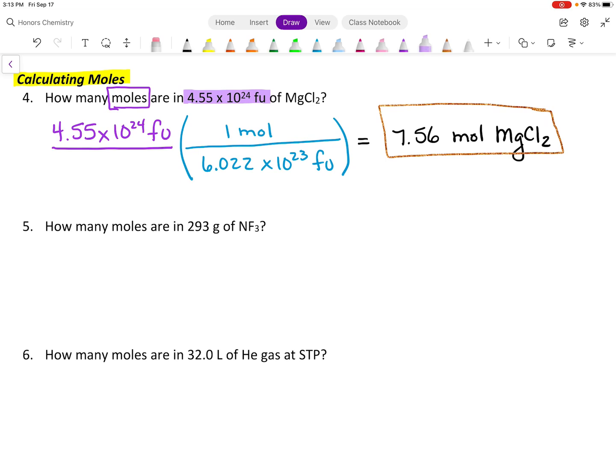The next one, we have how many moles are in 293 grams. Now, since we have grams, we need to know molar mass. So, molar mass, again, go back to the periodic table and find those masses of each element. So for NF3, it's going to be 14 grams for nitrogen plus 3 times 19 grams for fluorine, and that should give us 71 grams per mole.